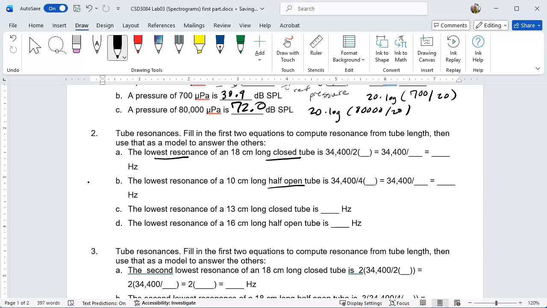Am I looking at the lowest resonance, the second lowest resonance, or technically we could be looking at higher resonances, but we don't use those too much in the analysis of speech, so we'll only talk about higher resonances a little bit. For example, everything we need to do with vowels, which is a pretty important concept, the acoustics of vowels that we'll talk about. The first two resonances give us what we need.